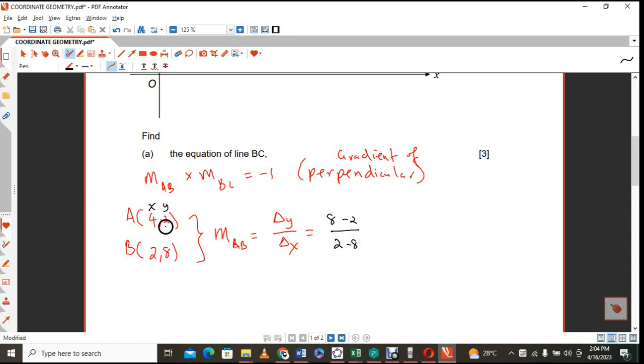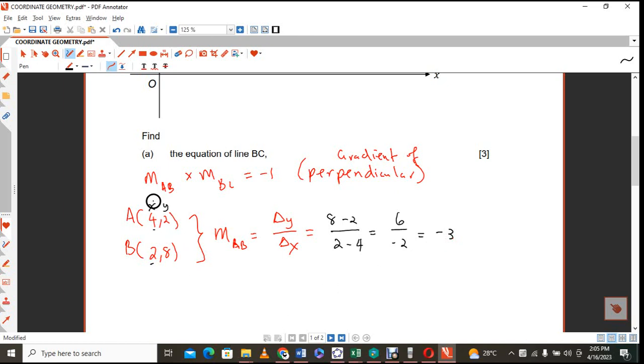You will still get the same gradient if you start with A. So on top, 8 minus 2 is 6, sorry, let me correct that. Here is an error you can make: on top, 8 minus 2 is 6, that remains positive, and on the bottom, 2 minus 4 is -2.